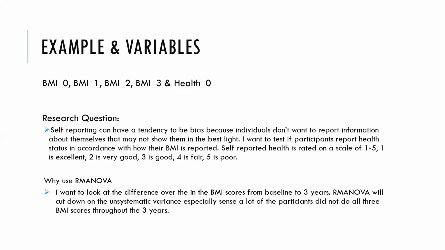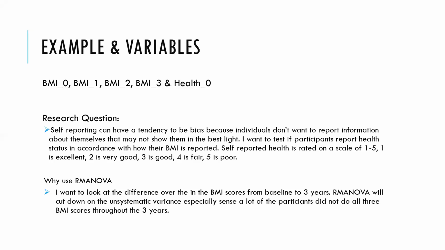So I wanted to test if participants report health status in accordance with their reported BMI. Self-reported health status is reported on a scale of 1 to 5, with 1 being excellent, 2 very good, 3 good, 4 fair, and 5 poor.